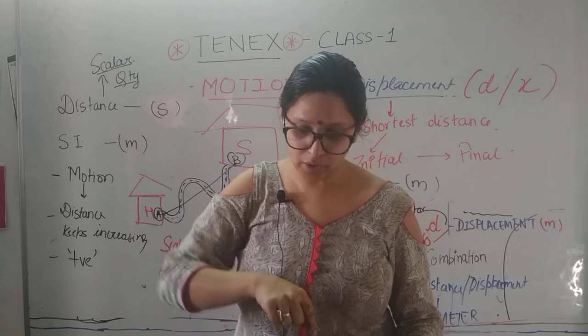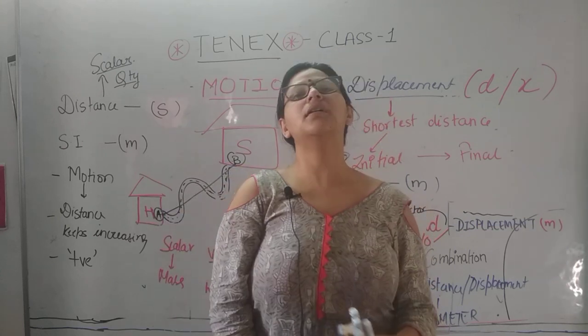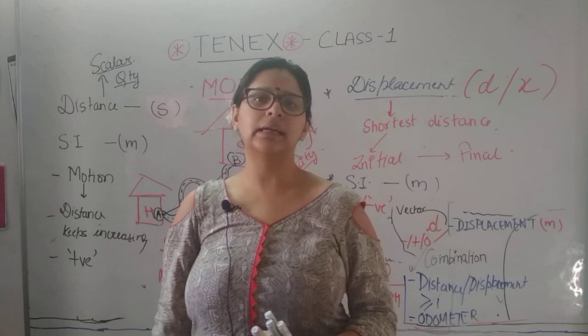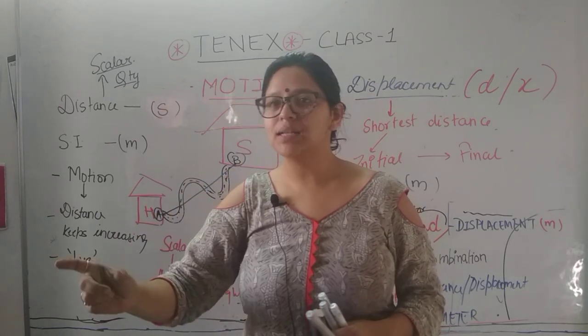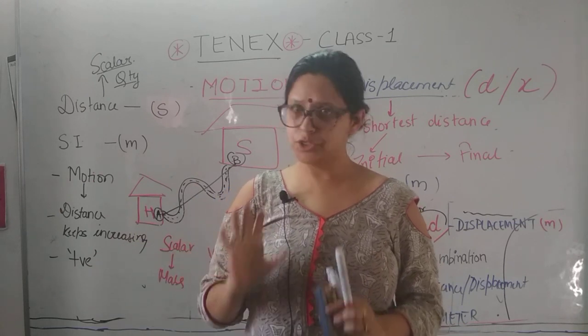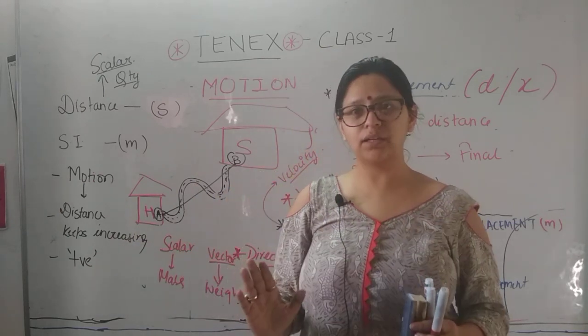So again weight is a vector quantity while mass is a scalar quantity. Did you understand the difference between scalar and vector quantity?